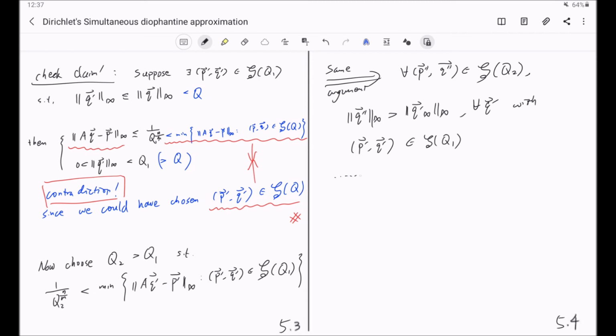So this procedure will move on. In the end, you get a sequence PV, QV in S of QV for any positive integer v, and the norm will be in a strictly increasing order.